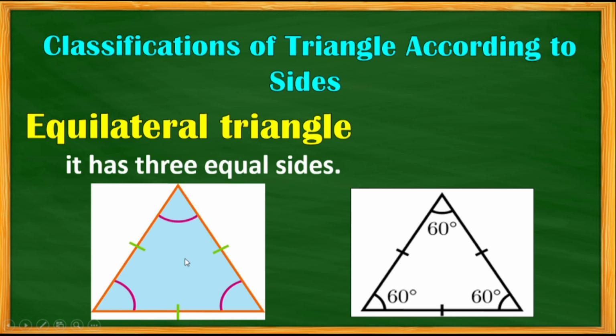We can associate equilateral triangle to equiangular triangle because the angles are equal and the sides are equal. So an equilateral triangle is also an equiangular triangle, but this time we're going to measure the sides, and so this one is an equilateral triangle.